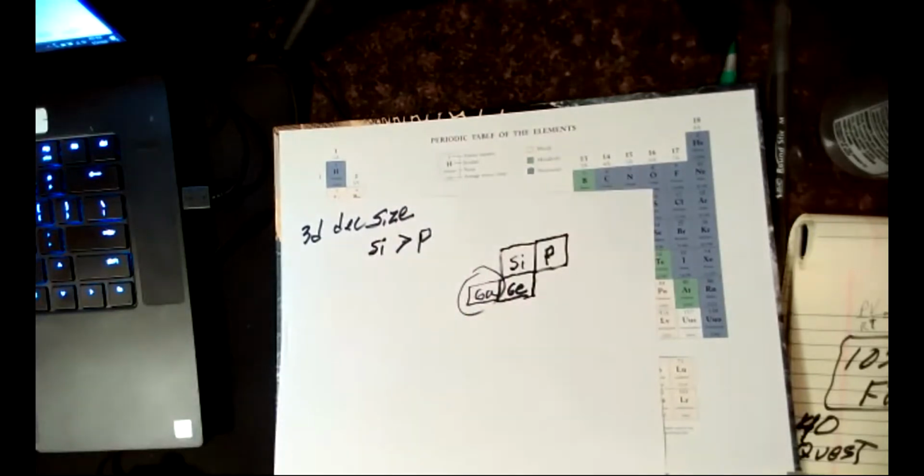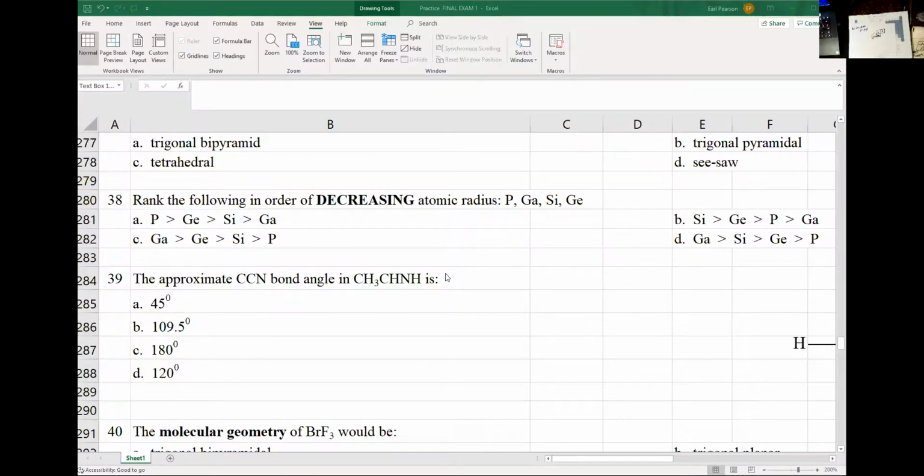Okay, let's see. I'll just go back and glance at it. I wanted phosphorus and silicon. Oh, you know what? We got the answer already. Let's go back and share it so you can see. I'm trying to show you how to use the test and use the answers to save yourself time.